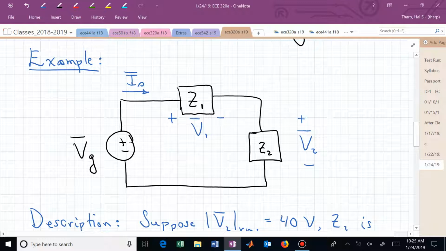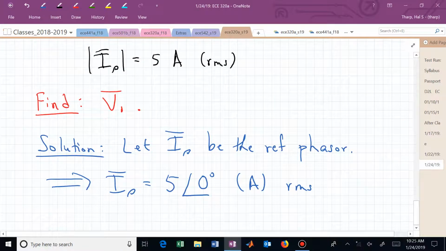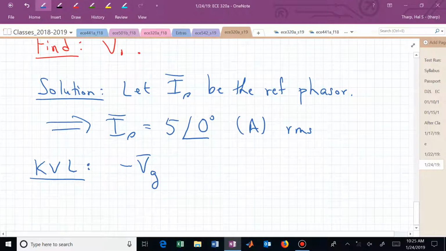I've labeled these load voltages consistent with our passive sign convention for the current direction going from left to right. So I have minus V sub G bar plus V1 bar plus V2 bar, and that should sum to 0. That's KVL. That will hold. It's just that now it's holding in phasor form. So we have minus V sub G phasor plus V1 phasor plus V2 phasor equal to 0.